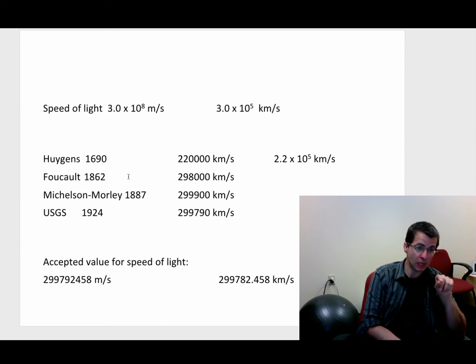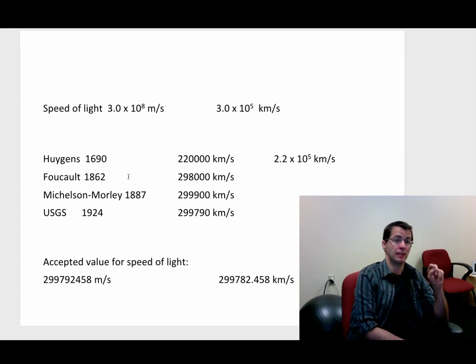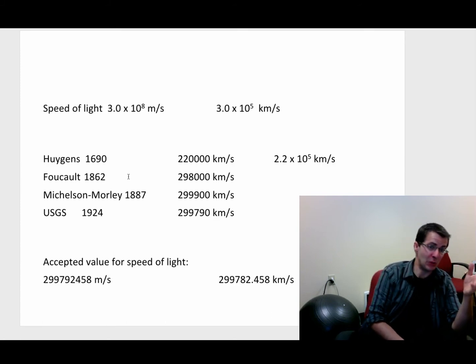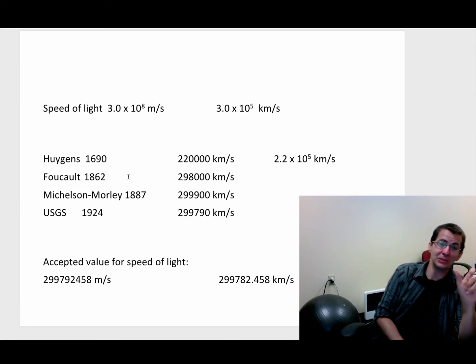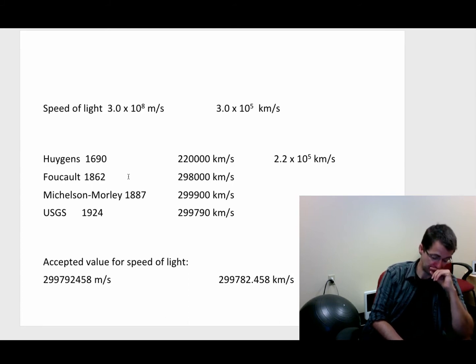Now, Foucault had developed a slightly improved method for doing this, and he obtained a more precise measurement, 2.98 times 10 to the 5th kilometers per second as his value. Again, that estimated digit is the 8. That could be a 9, it could be a 7, so that would mean that we're dealing with a factor of 1,000 kilometers per second different in the speed. This is where the error comes in.